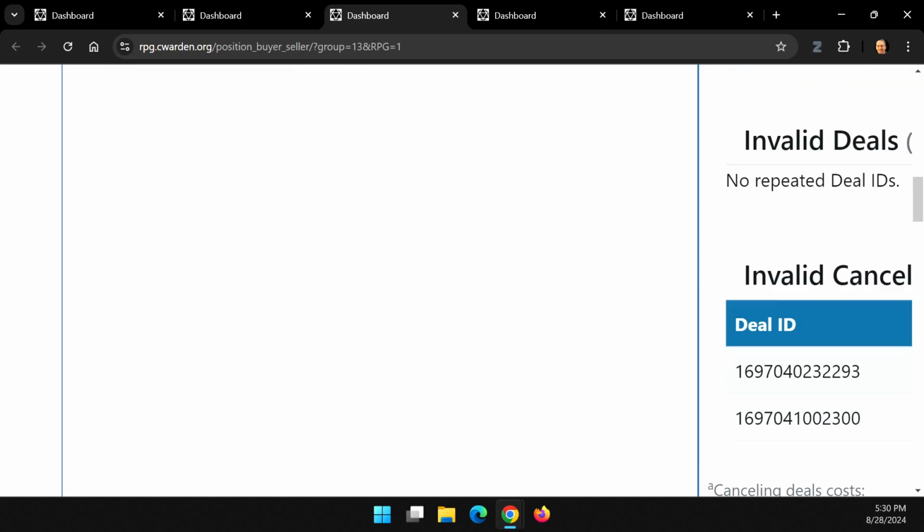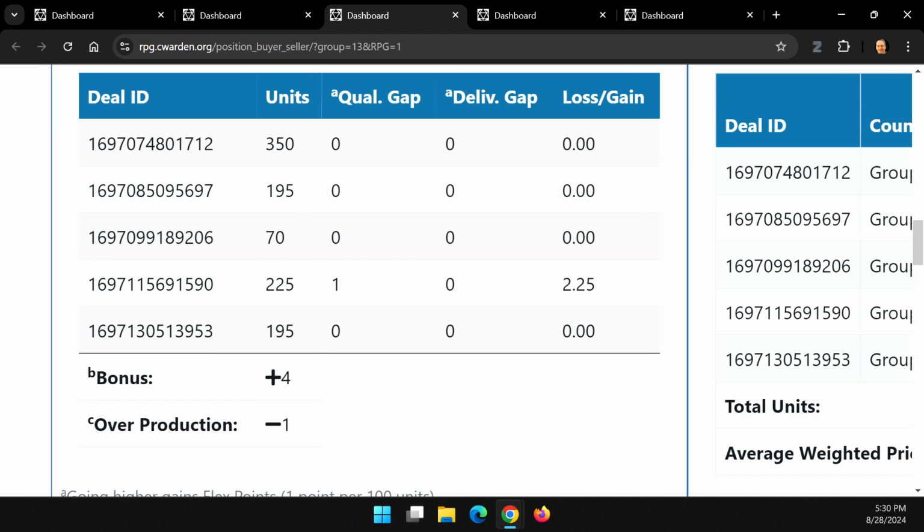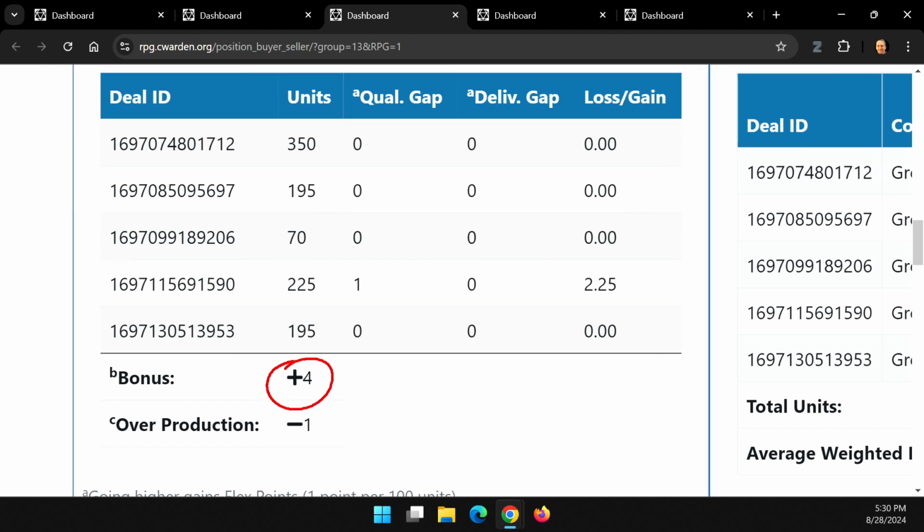So if we come down to their flex points, we have some deals here. And we can see here that the bonus is +4. How many deals did they make? 1, 2, 3, 4, 5. So why don't they have 5? Well, because of this deal right here, which is less than the 100 that we needed to make the deal.